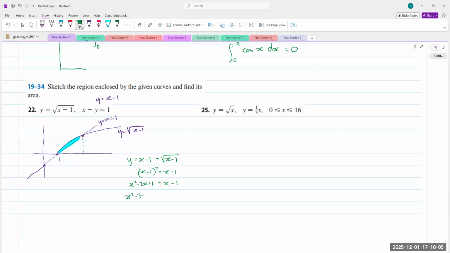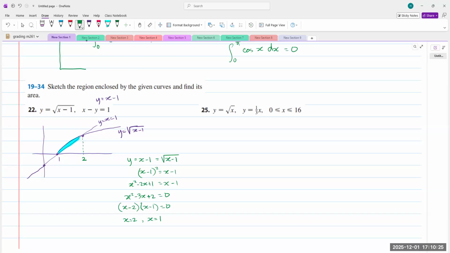Then we get (x minus 2)(x minus 1) equals 0. So x equals 2, x equals 1. As we expect, they do intersect at x equals 1, but they intersect again at x equals 2.